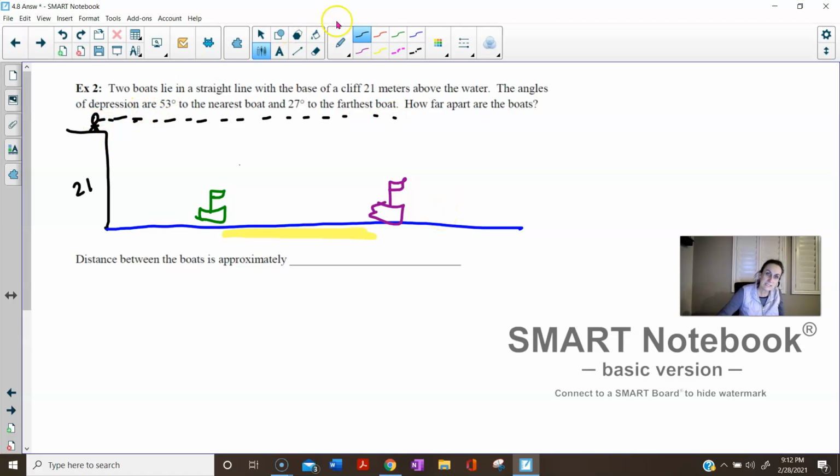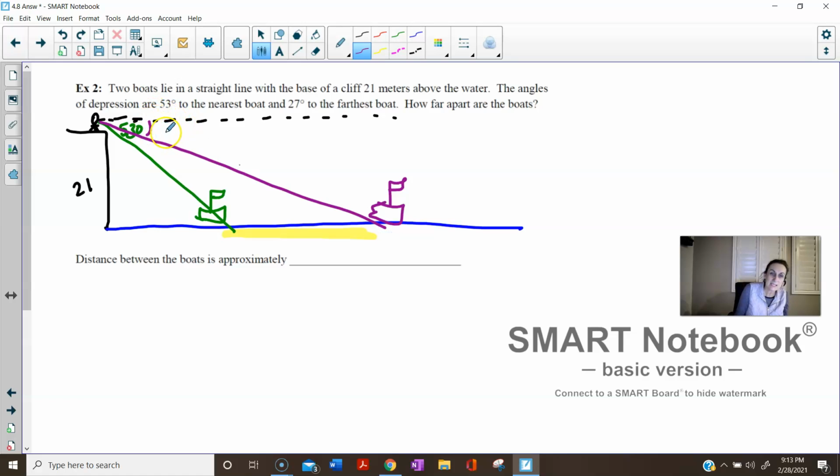So you can see that the boat that's closer is going to be a larger angle. This is going to be 53 degrees compared to the boat that's way out here.